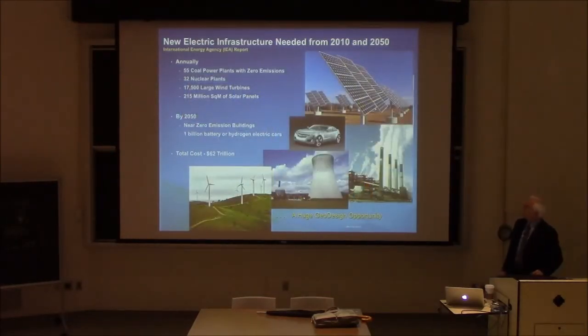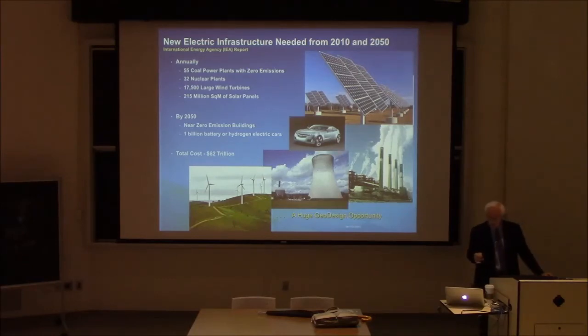And just if you think that this is just me making this up, the International Energy Agency, part of the US government, said that annually between 2010 and 2050, we'll need 55 new coal-fired plants with zero emissions, 32 nuclear plants, 17,500 wind turbines, 215 million square feet of solar panels every year.